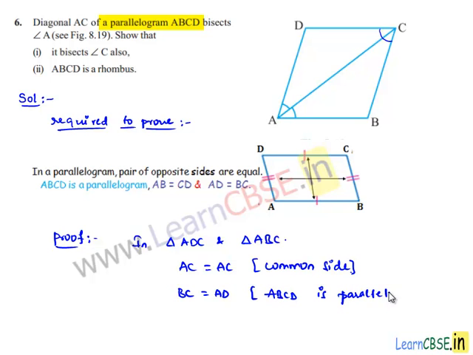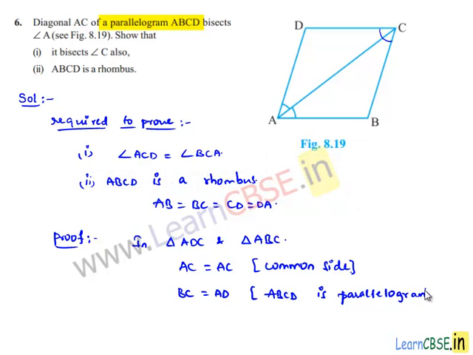Similarly, by applying the same concept that in a parallelogram opposite sides are parallel and equal, we can say AB is equal to CD. Therefore, here the three corresponding sides of two triangles are equal.